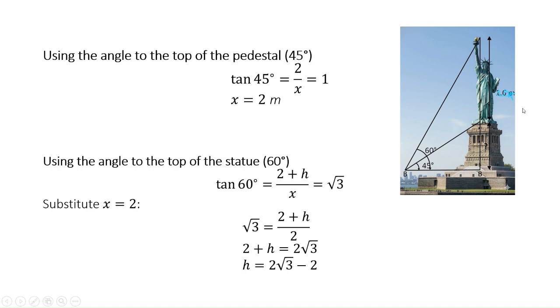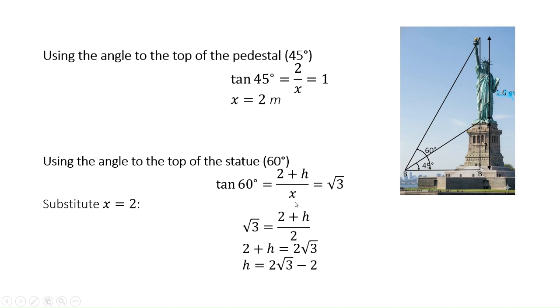It is the total height of the pedestal and the statue. The statue height we have considered as h. We need to take the total height, because it is the angle of elevation from the point of observation to the top of the statue. So the opposite side is the height of the statue plus the height of the pedestal, and it becomes 2 plus h.